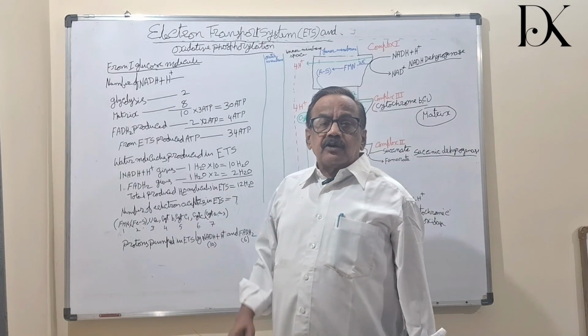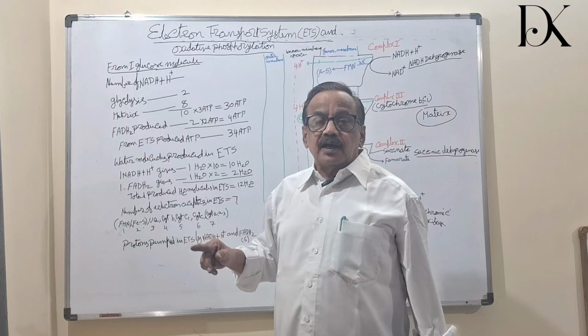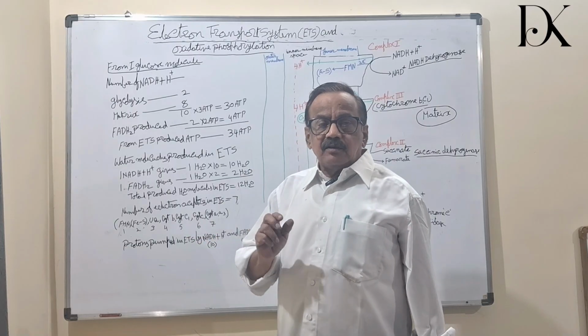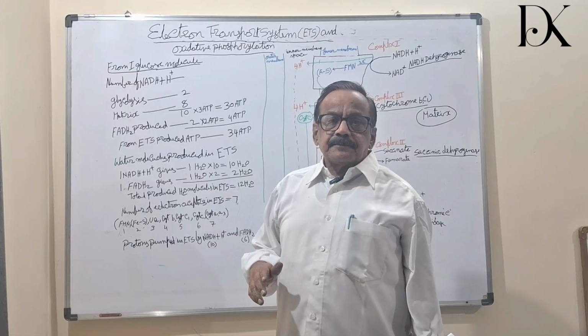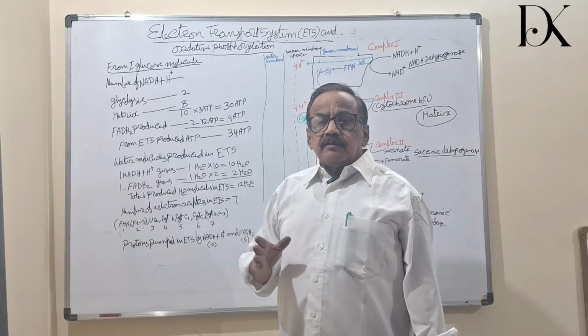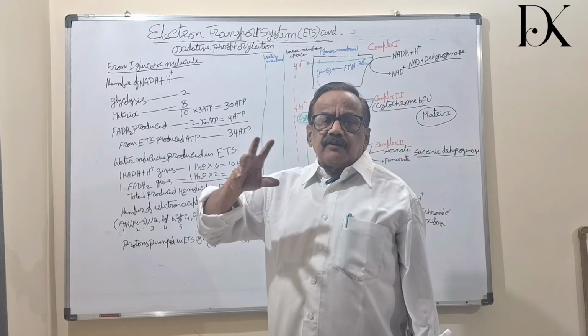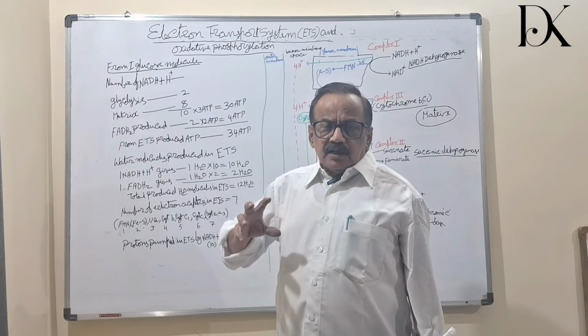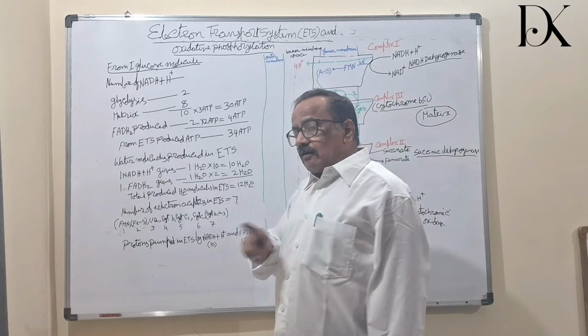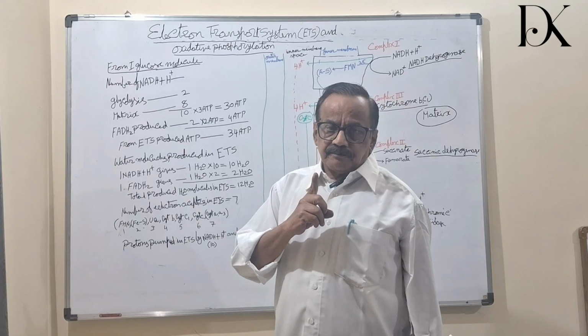And 4 protons, if they pass through the F0 channel, which is part of the ATP synthase, it will rotate the F1, which is towards the matrix. And for every 4 protons traveling, they will give 1 ATP.